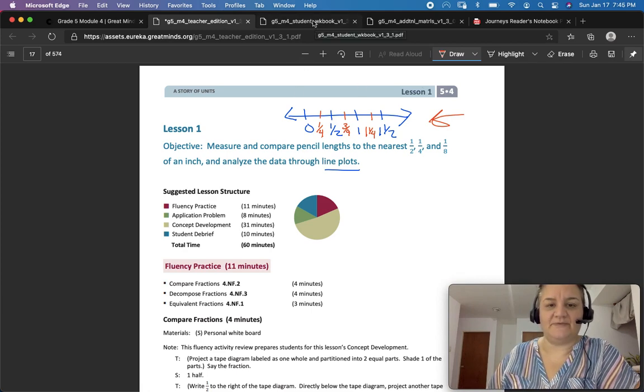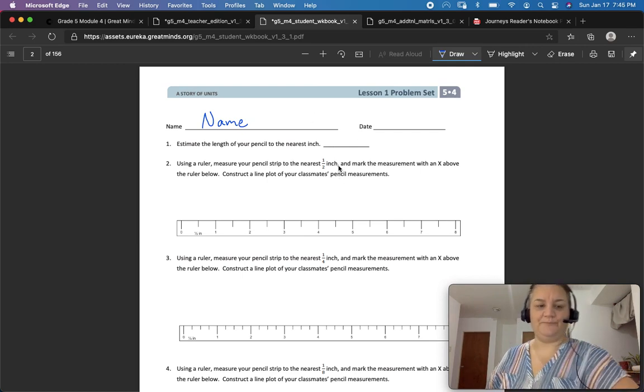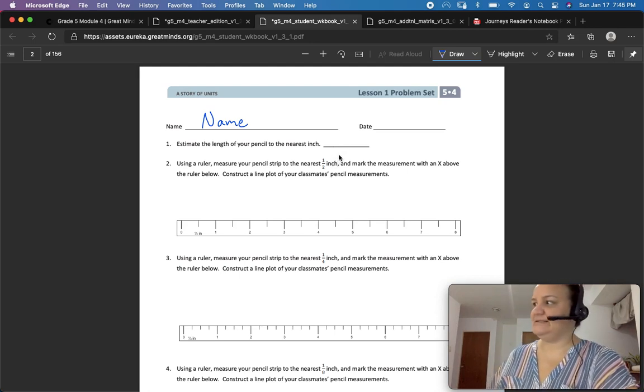So go to your student workbook. Remember, this is Module 4, so you need to get out the new Module 4 workbook. Lesson 1, problem set. Write your name on the paper and follow along because I do want you to turn in these pages at the end of the video, okay? So, estimate the length of your pencil to the nearest inch.